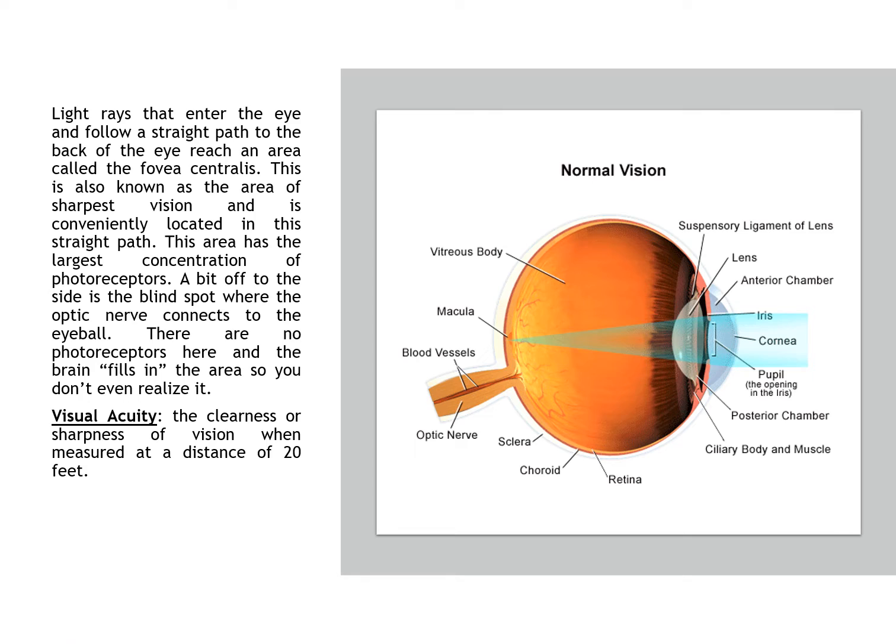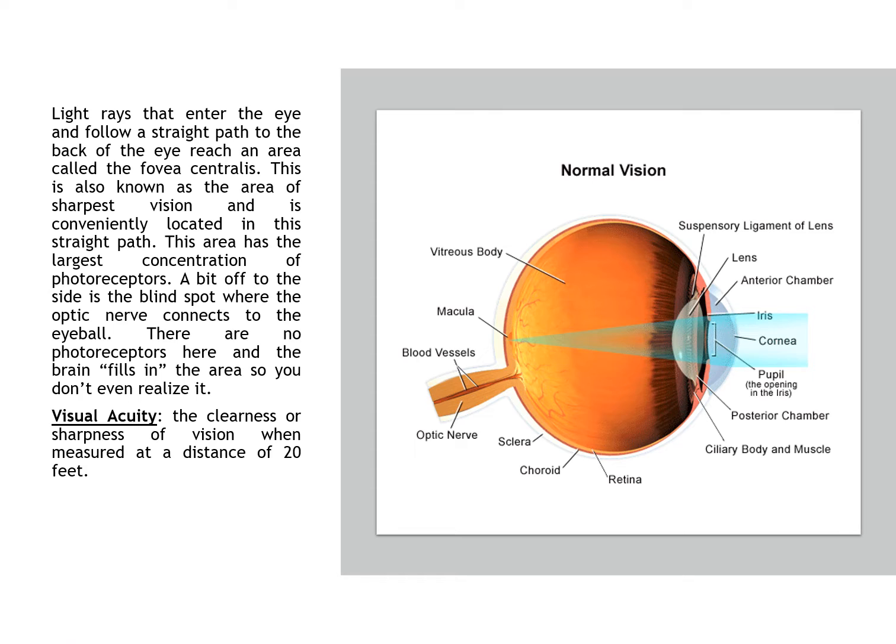Light rays that enter the eye and follow a straight path to the back of the eye reach an area called the fovea centralis. This is also known as the area of sharpest vision, as we already mentioned, and is conveniently located in the straight path. This area has the largest concentration of photoreceptors.